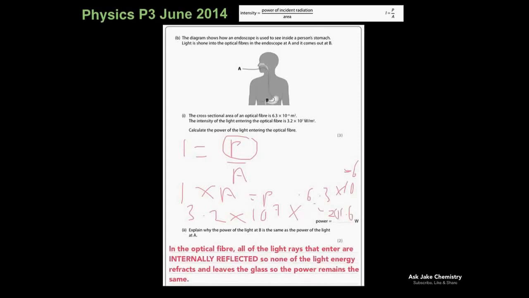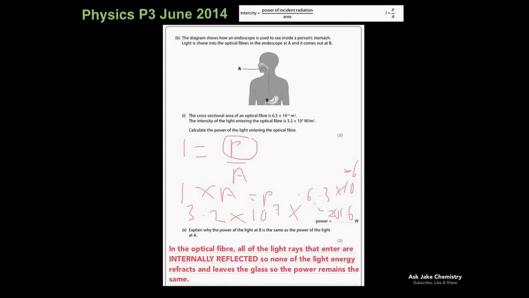In the optical fiber, all the light rays entered are totally internally reflected. This means none of the light energy refracts and leaves the glass, so the power remains the same.